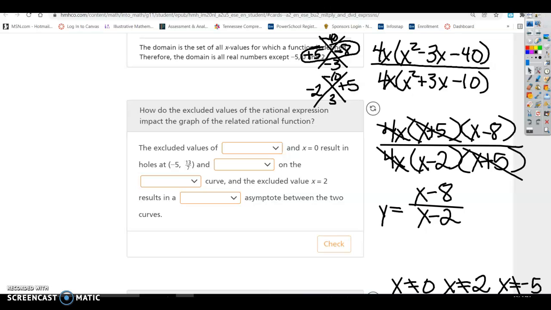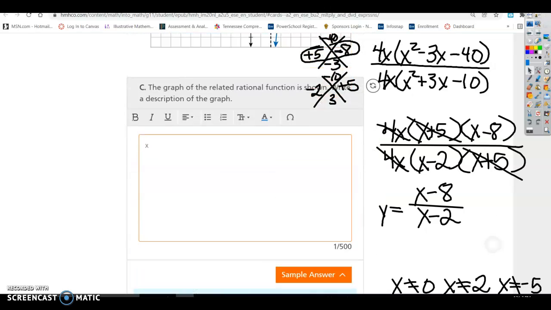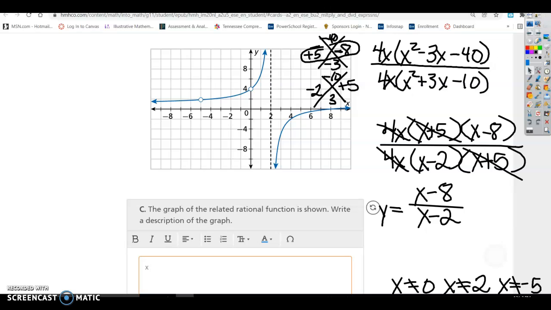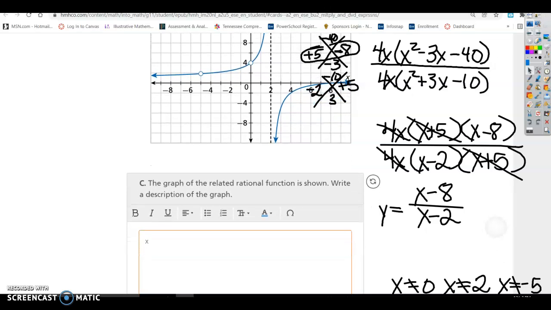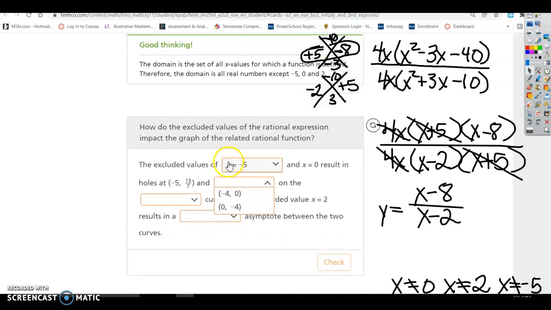How do the excluded values of the rational expression impact the graph of the related rational function? The excluded values of -5 and 0 result in holes at -5 and 0, and what was the other one? Let's see. 4.